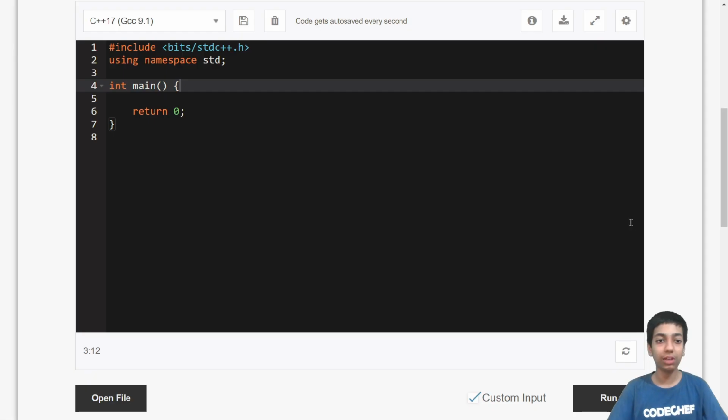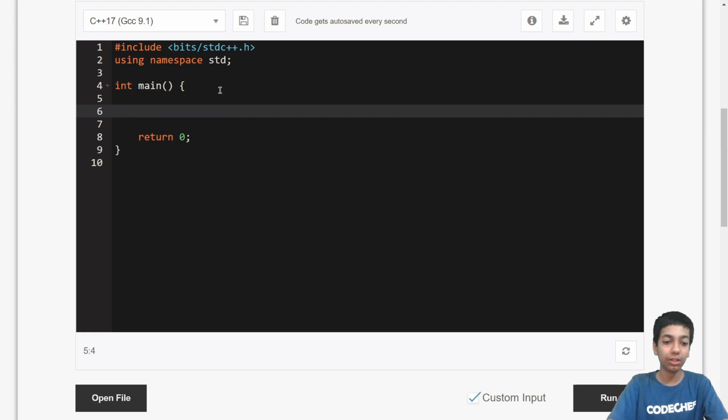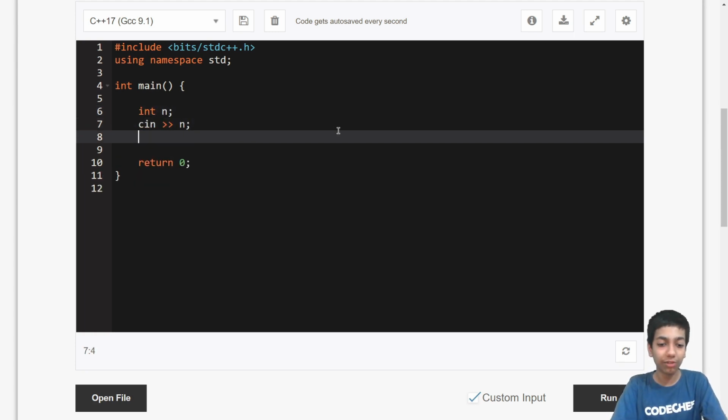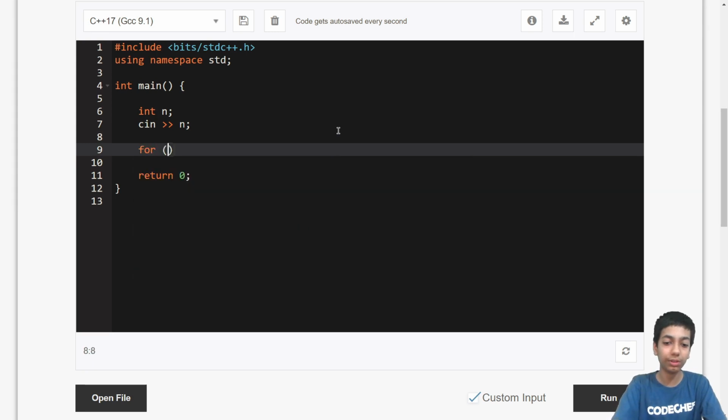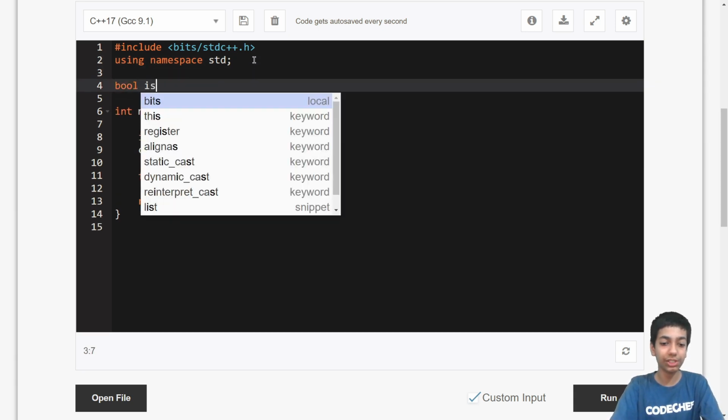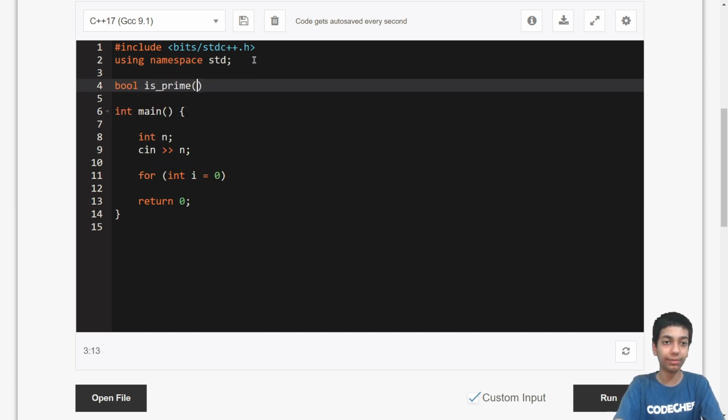So I'll move on to the CodeChef's online IDE, and now let's start coding. I'll first take the input for n, right? And then I'll run a loop for int i equals 0, and let's create a boolean function isPrime that takes a number n, right?